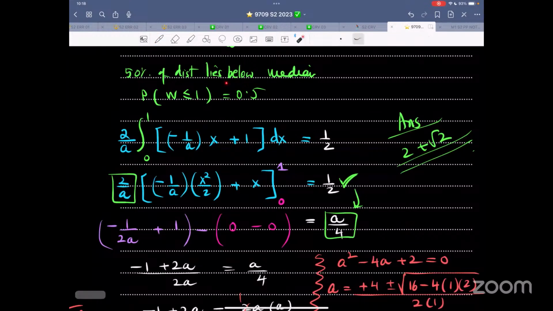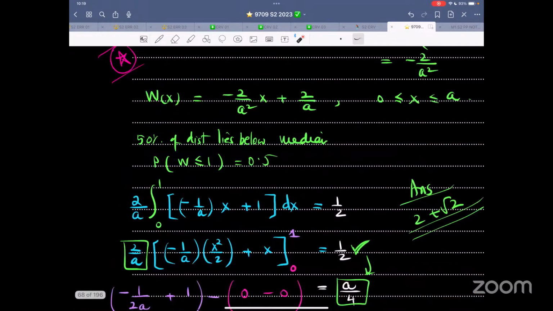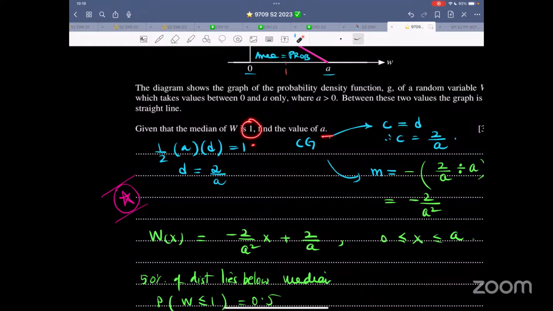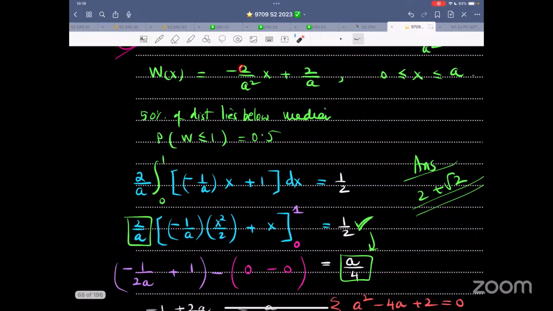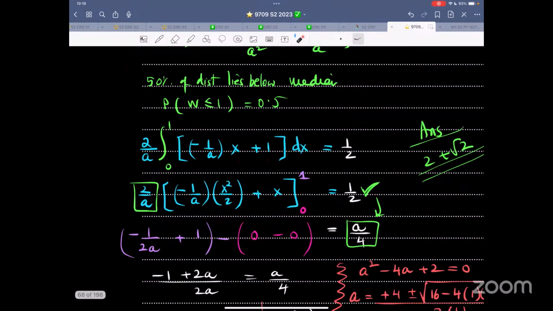50% of the distribution lies below the median. Probability W is less than or equal to 1 is 0.5. They are saying that the median is 1. We have to find A. So between 0 and 1, this is the equation. I took 2 over A common because these are constants, so 2 over A is on the outside. This is x plus 1, a straight line equation.